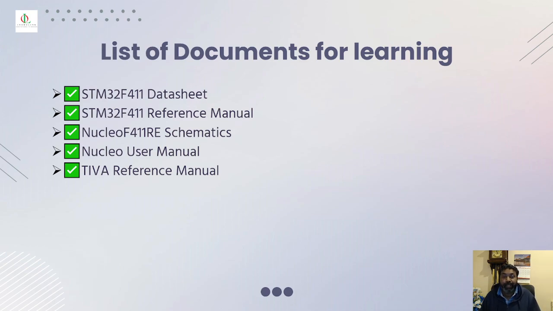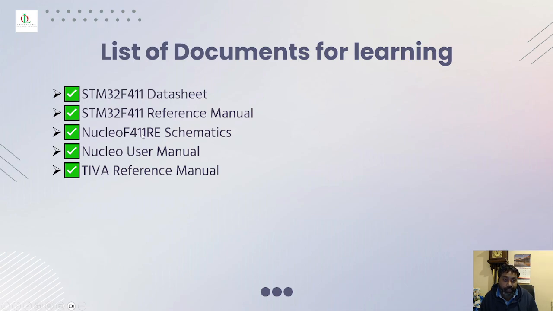Today it's going to be a bit theoretical, and I'm going to explain a short program to show what it is. To go through with me, you need all these 5 documents. They are the STM32F411 datasheet that I referred to you yesterday or the day before, the STM32F411 reference manual, and the schematics from when you learned about the blinking LED and controlling the switch.